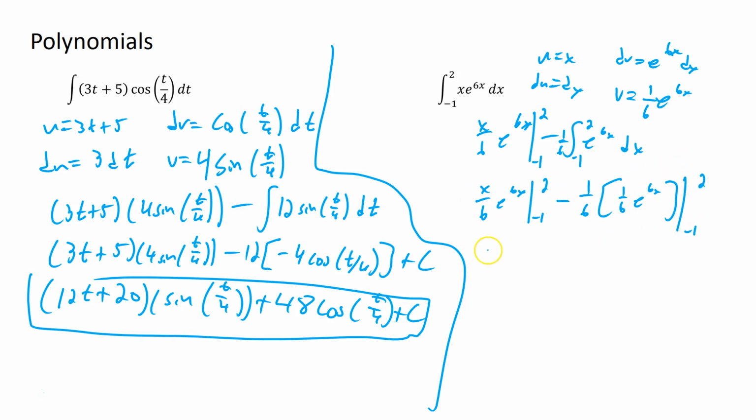So we plug the 2 in here, we have 2/6 e to the 12th minus negative 1/6 e to the negative 6. That's our first part. Minus 1/6 times 1/6 e to the 12th minus 1/6 e to the negative 6, excuse me.